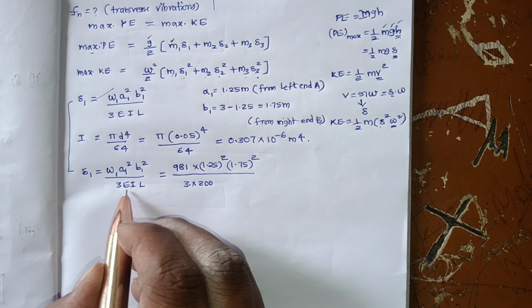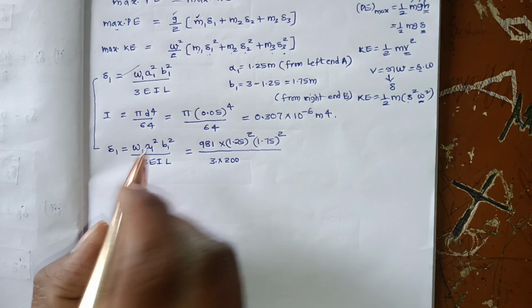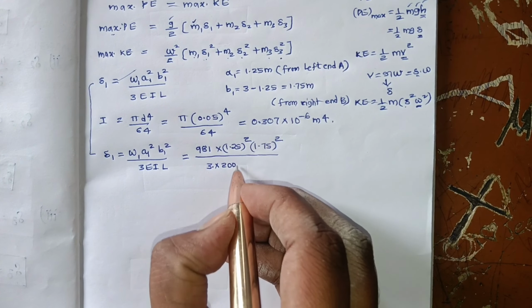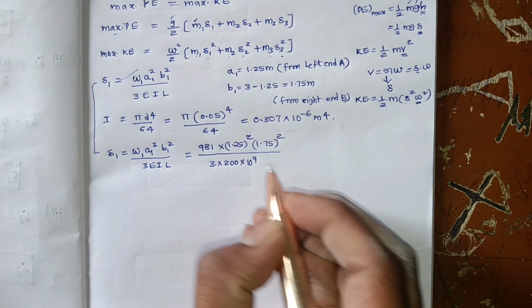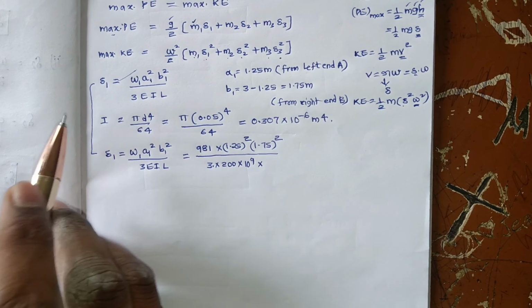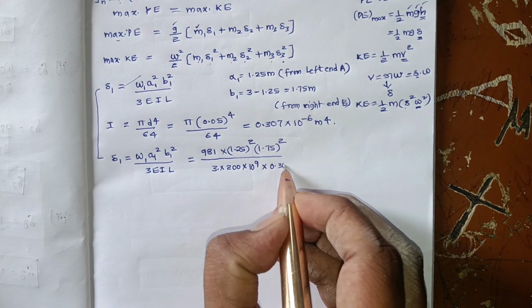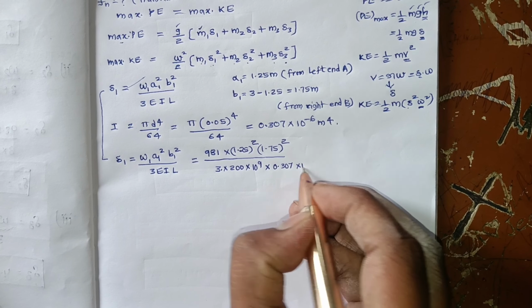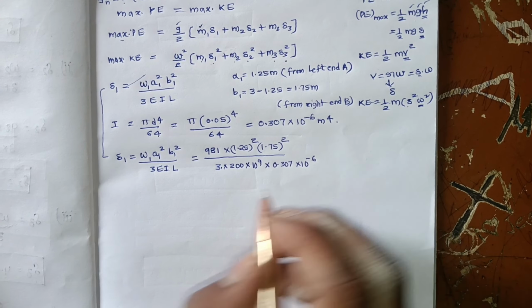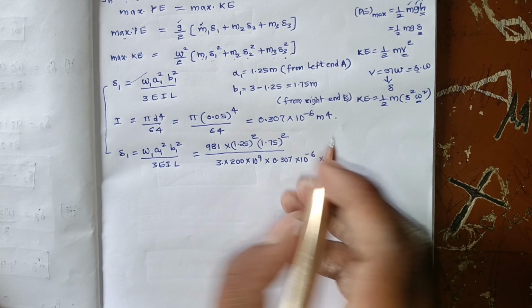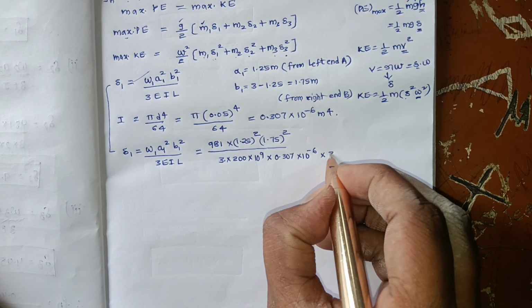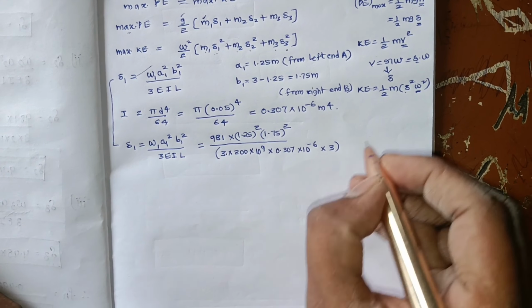So 3 into E into I L. Here E, Young's modulus, is 200 into 10 power 9, into the I value. I already found that value, that is 0.307 into 10 power minus 6, into the L value of 3 meters. You have to find this value.